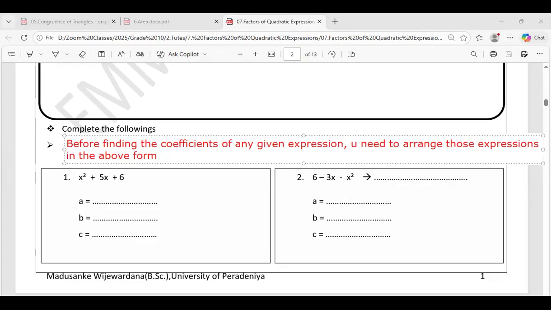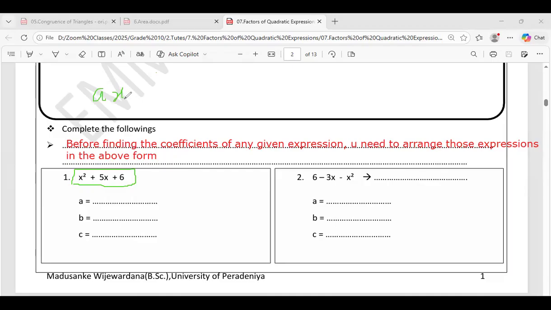Alright. Now I will explain what I have told you. When you consider this trinomial expression, it is very similar to what we discussed earlier: ax squared plus bx plus c.